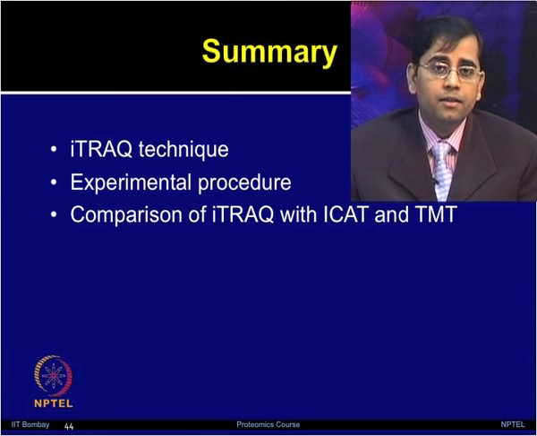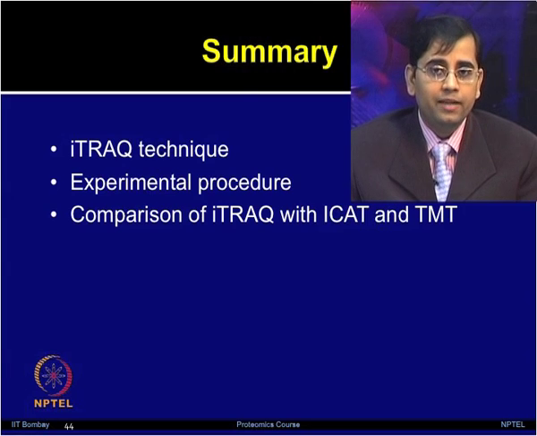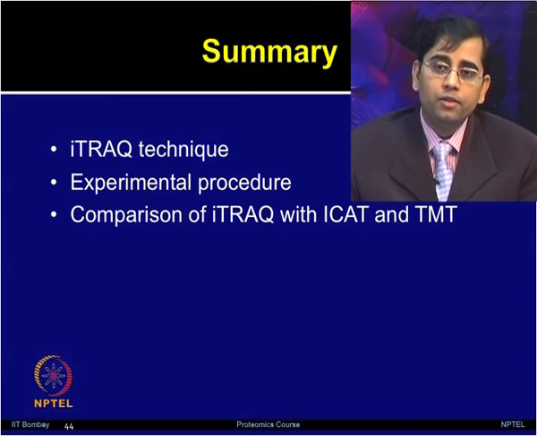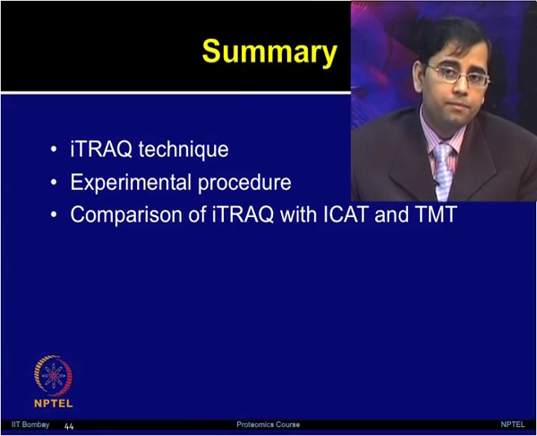The chemical labeling uses isobaric tags for relative and absolute quantification, iTRAQ, or tandem mass tag, TMT, reagents. The quantitation is based on the extraction of reporter ions from tandem mass spectrometry MSMS spectra.